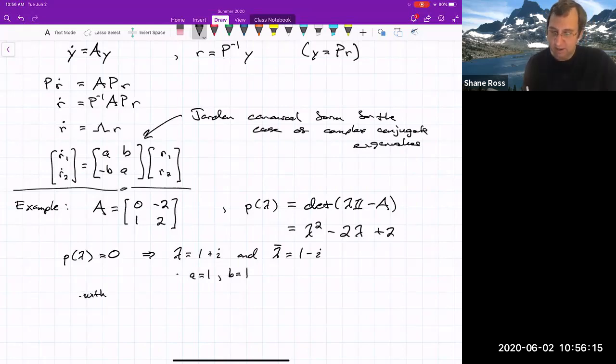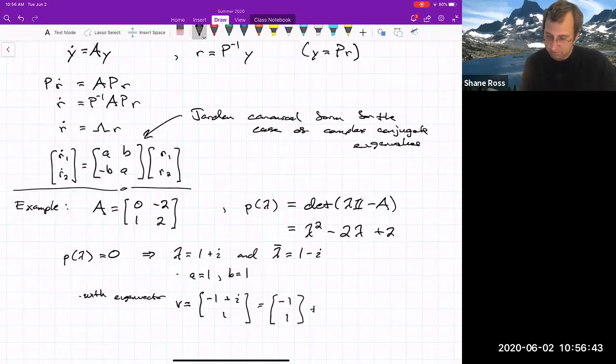If we did the eigenvector calculation, so the eigenvector for lambda is v, which is going to be complex, -1 plus i and 1. So we will write this as that we separate out the real part, -1, 1, and the imaginary part, 1, 0.